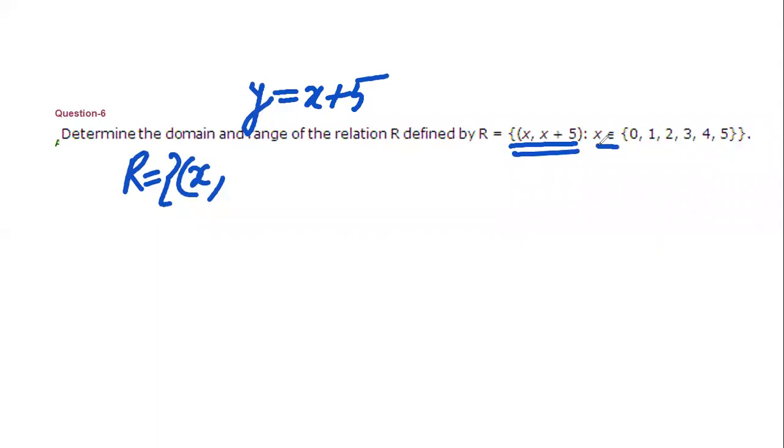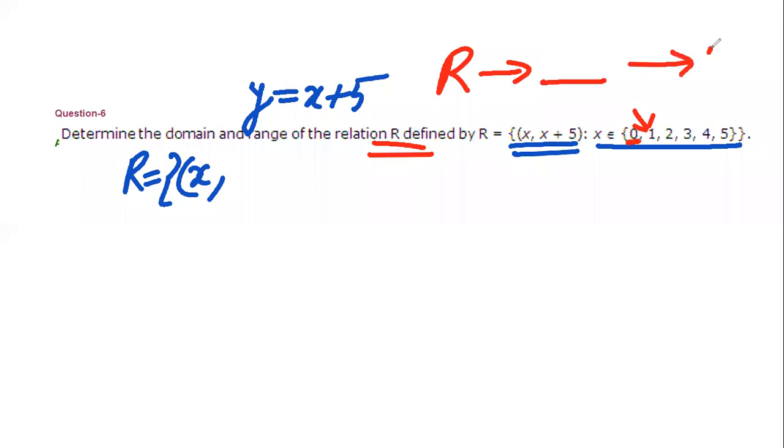Here you can see only values of x are given. Beta, I am telling the point on which you may have confusion. Some of you are thinking, ma'am, putting 0 gives 5, but putting 1 will give 6, so it does not belong to it. But R is not defined on any set. Can you see this? It has not been defined from where to where it will go. Clear? Okay. It is from any point to any point.